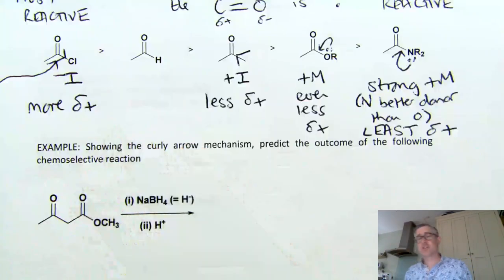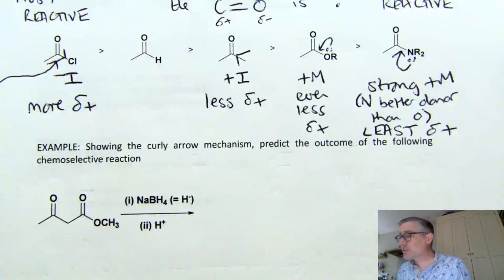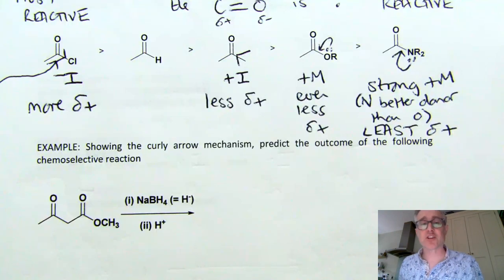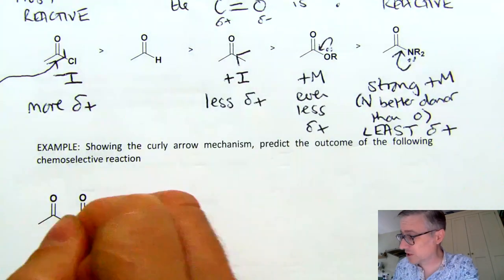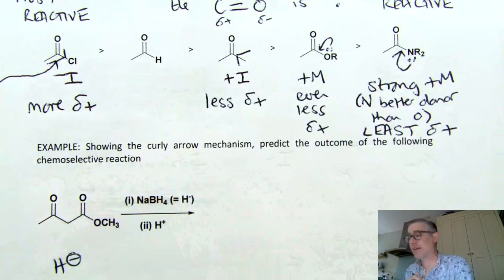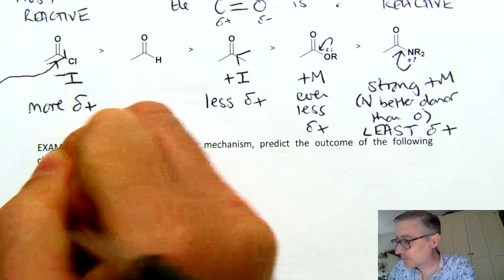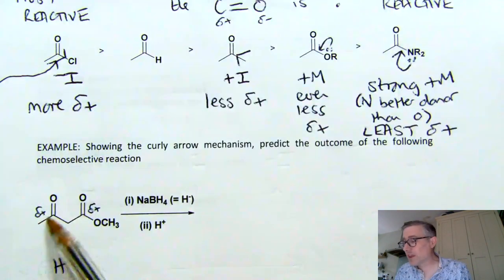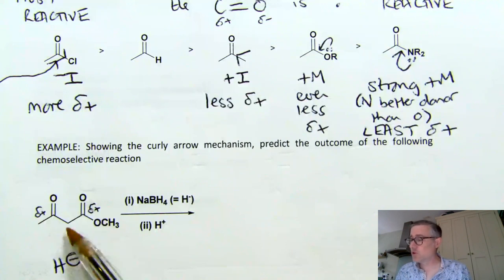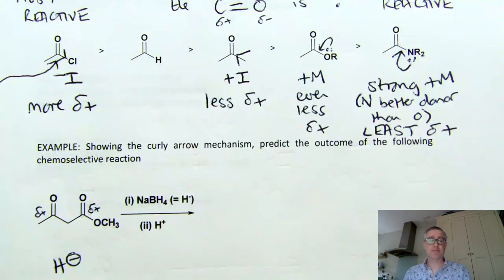This is the kind of thing I could set as an exam question, showing the curly arrow mechanism, predict the outcome of the following chemoselective reaction. In the first step of the reaction, we're going to use H minus, that's what we're told to do, and we have a choice. We have a delta plus here and a delta plus here. The one on the left is a ketone, the one on the right is an ester.